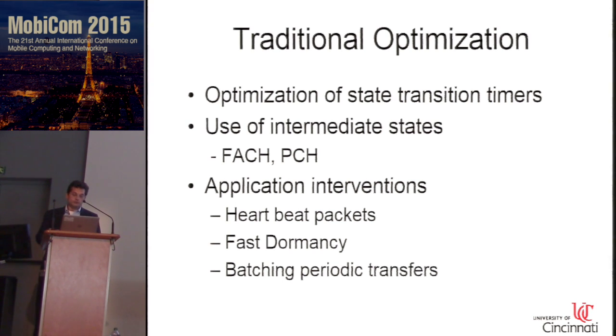Care must be taken when using fast dormancy because it's not properly supported in all networks, and it can cause mobile devices to bypass the FACH and PCH states and circumvent their benefits. Batching periodic transfers is used to reduce the number of state transitions that occur when multiple applications with periodic transfers run asynchronously on a smartphone. However, due to the inherent design limitations of the UMTS state machine model, none of these methods is entirely satisfactory.